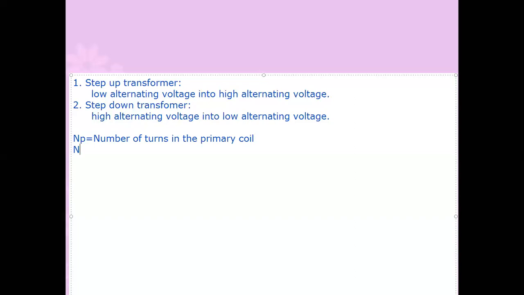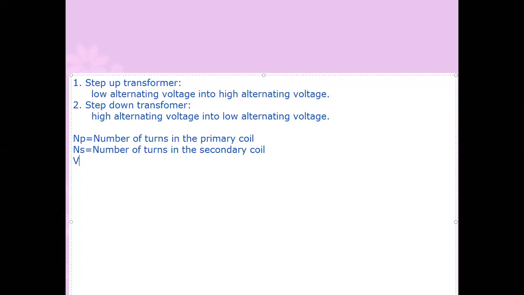Next one is Ns, the number of turns in the secondary coil.